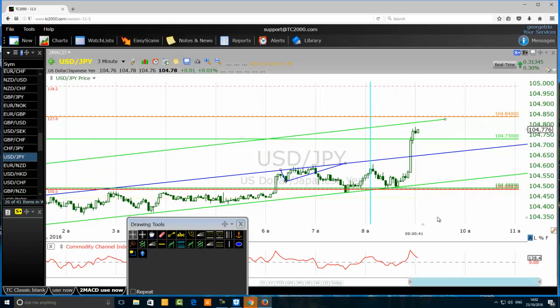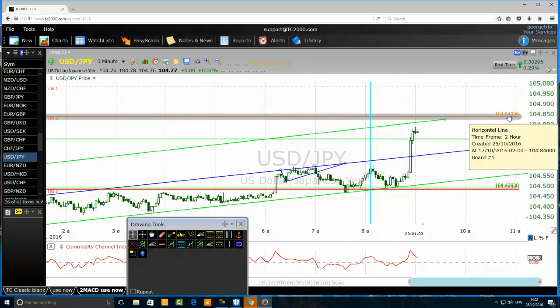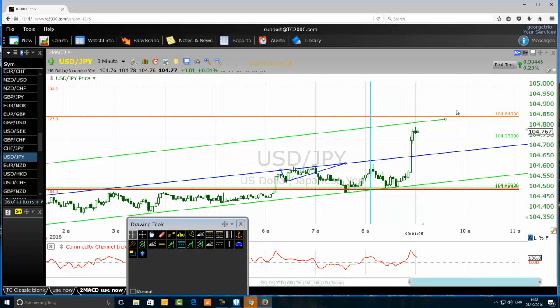After the initial 10 pip loss, we re-entered the trade one more time at 104.49. Not bad. That's 24 pips so far. It will be nice for it to push to 104.84, where I set my first target when we entered the trade at 104.59.